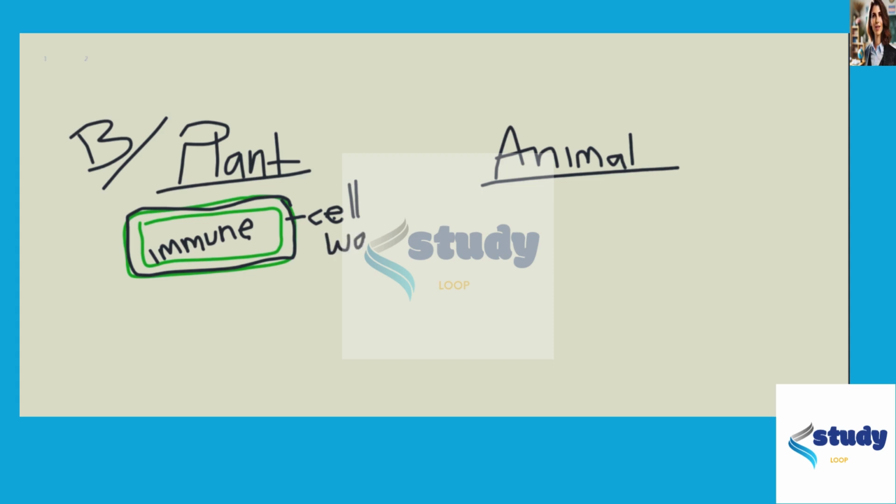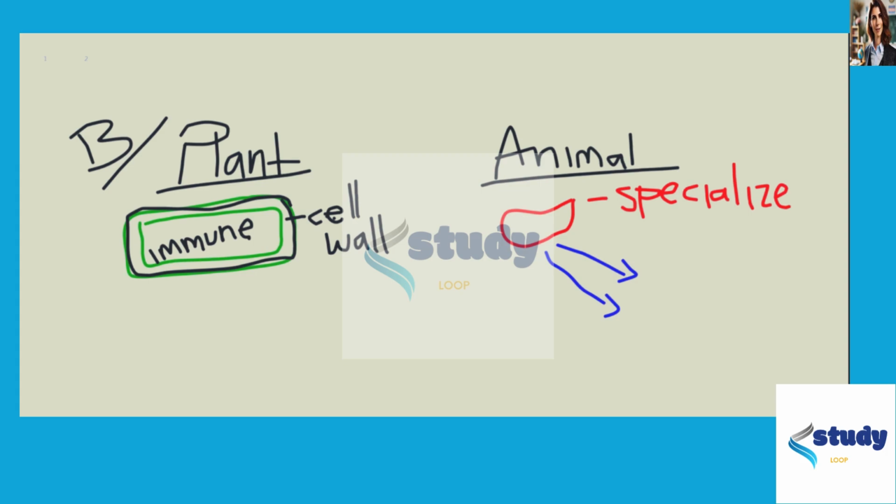The animal cell walls are just those thinner membranes, but the thing is, we have specialized cells, right? And so we have cells specifically for immune systems, and that's where we get this sort of tissue repair, right? So these specialized cells can venture off and go to the site of the wound, and that's where you get your inflammatory response.